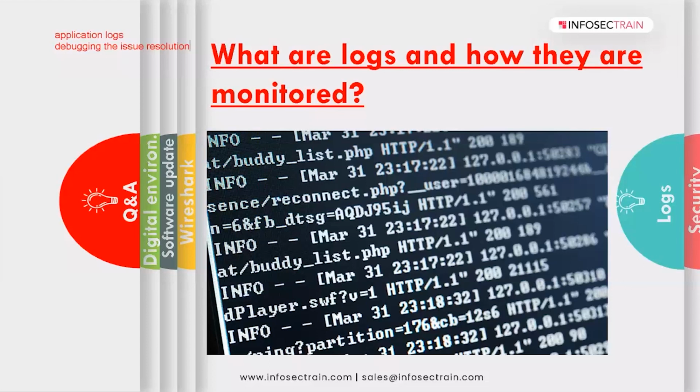So our application logs will provide us insights into the authentication failures or your database connectivity issues. And along with that, they will also help us in the resolution of this particular problem.